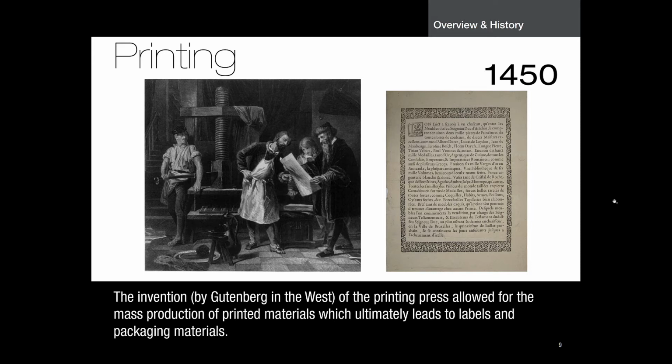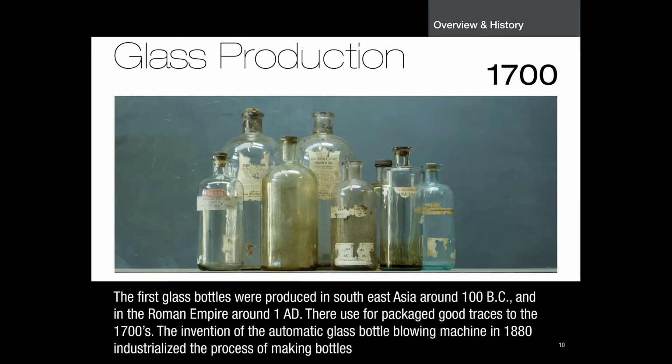The reason this is important is if you look at modern packaging today, with all the labels and the packaging and the paper and the board that you use on it, being able to print things quickly and in quantity was going to be key. Jumping ahead even further to around 1700, glass production.